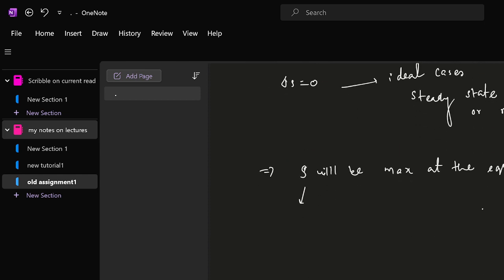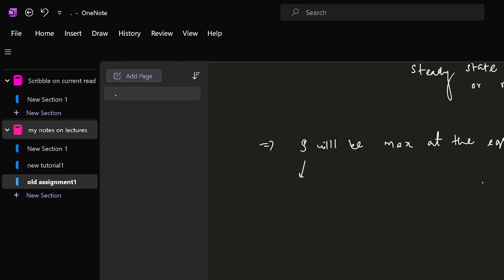So that's why I am explaining this to you. No, it will not be the case; the entropy will be a maximum at the equilibrium point, because you know that the Boltzmann formula of entropy is S equals Kb ln omega, right?